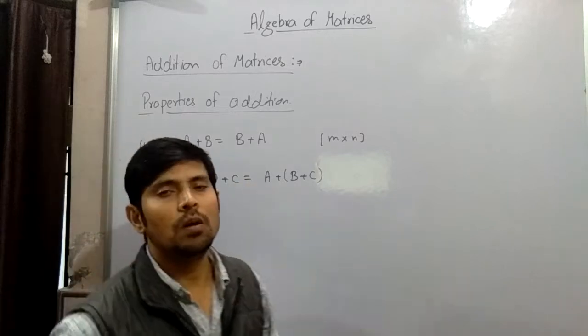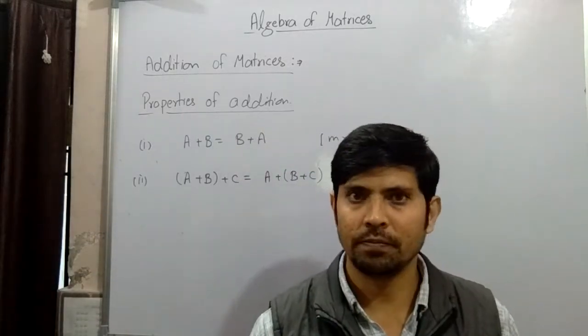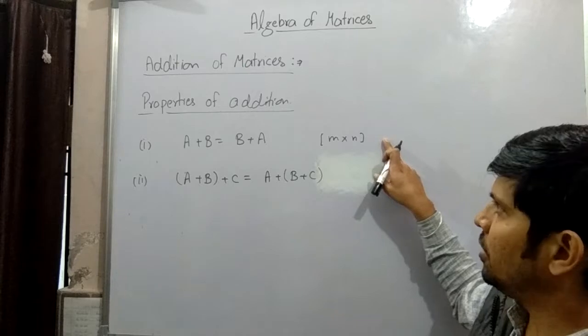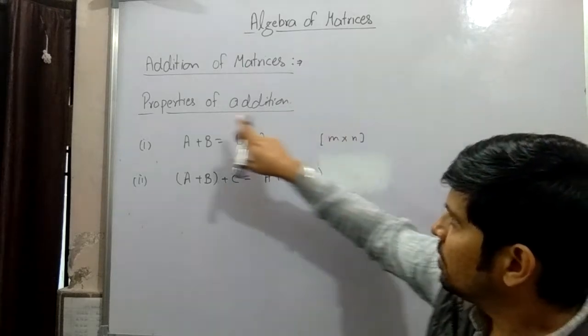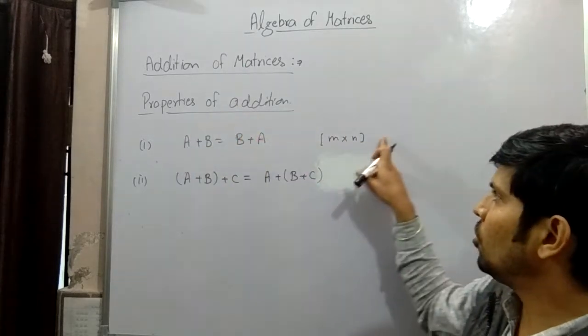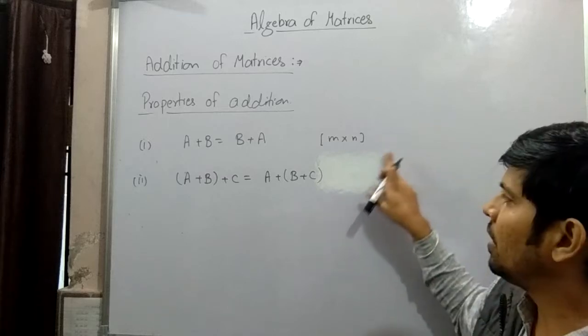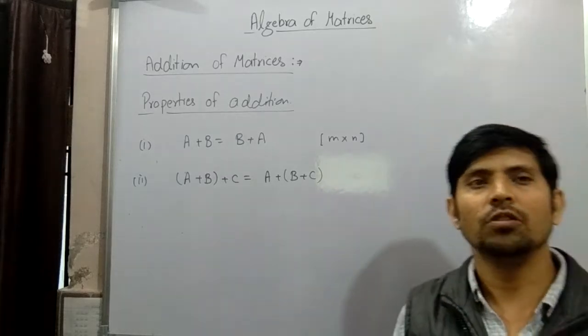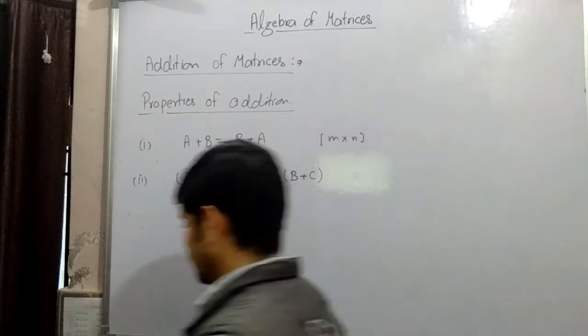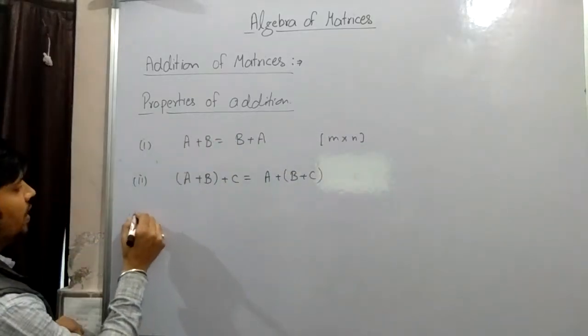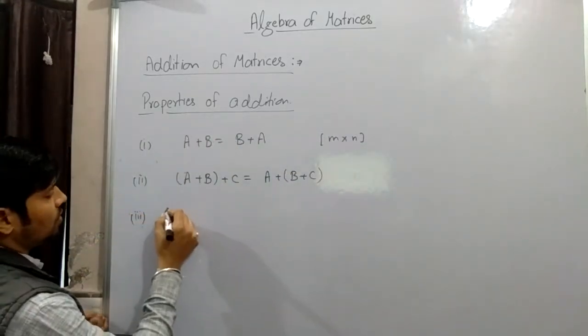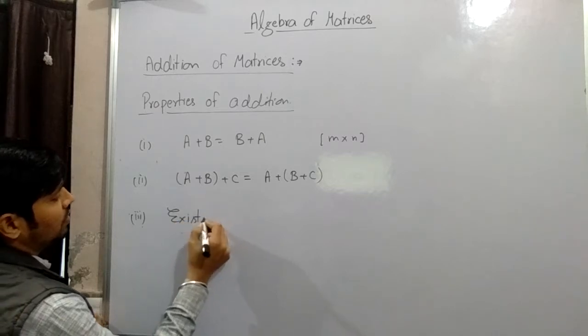That is, it follows the associative property. It means the addition of two or more matrices follows the commutative rule and the associative rule.